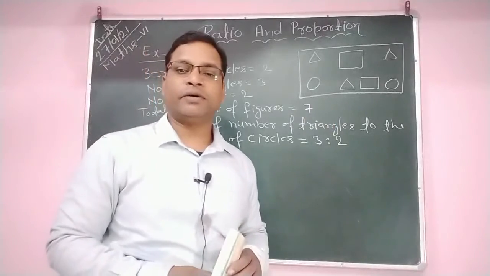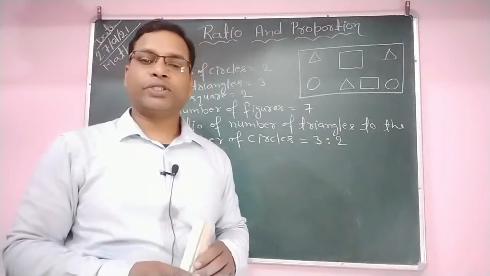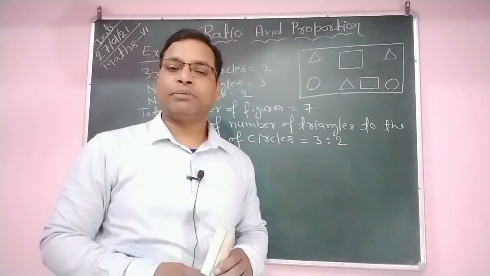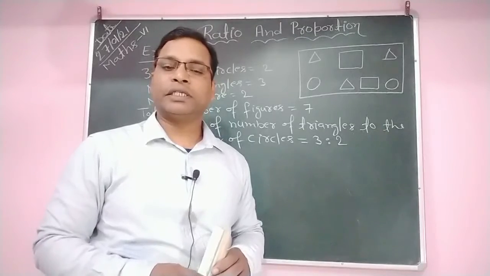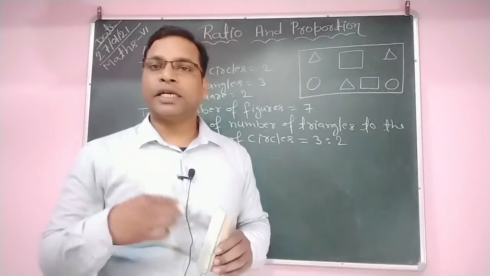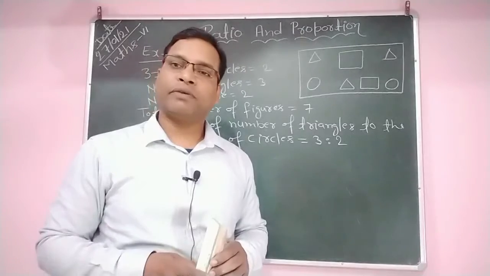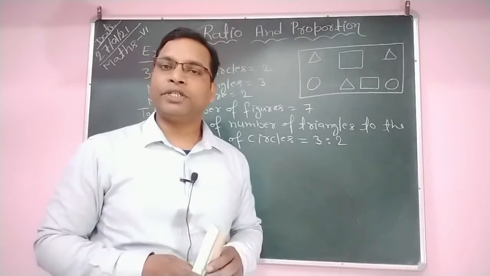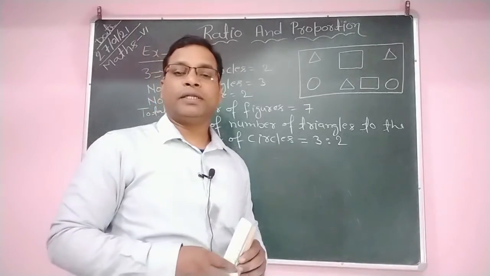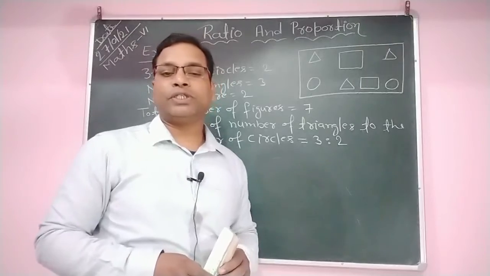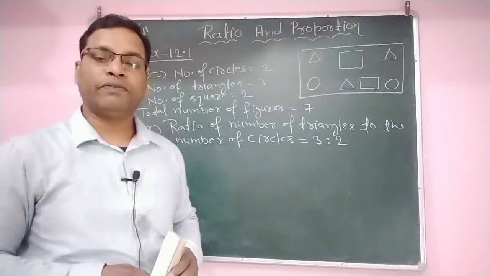This is clear now. The second part of this question is the number of squares to all figures inside the rectangle. All figures means the total number of figures. I repeat this question again: find the ratio of the number of squares to all figures.